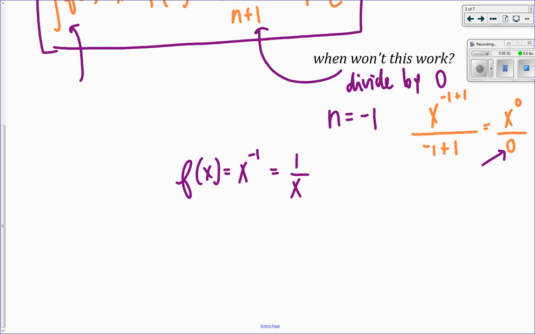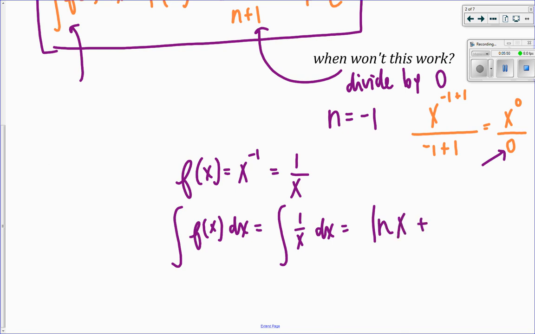So now the question is, what function has a derivative that's 1 over x? Think about it for a second. The antiderivative of 1 over x with respect to x is the natural log of x, and we still technically need that plus c.